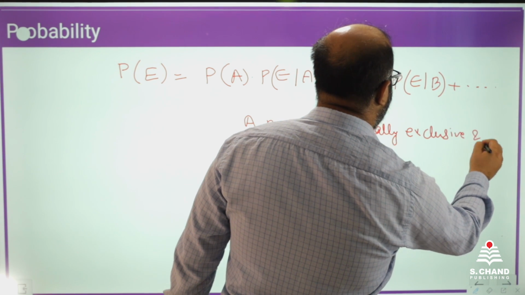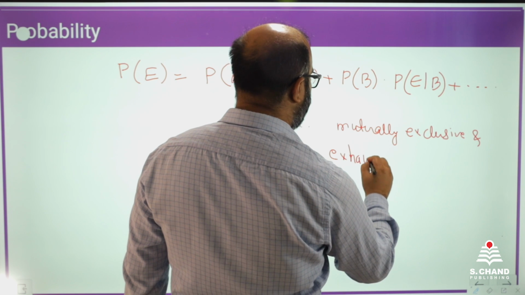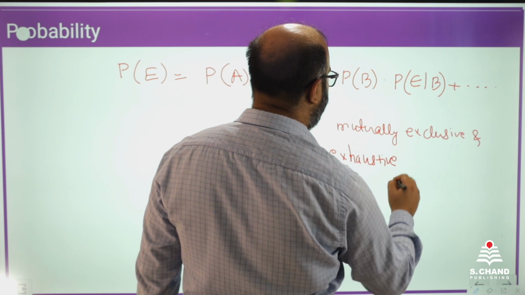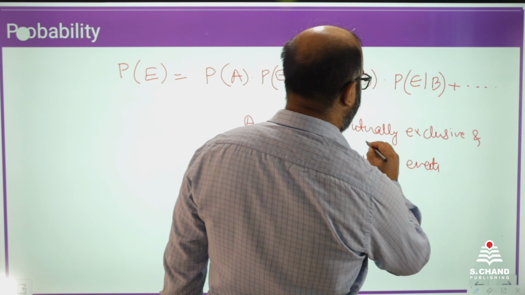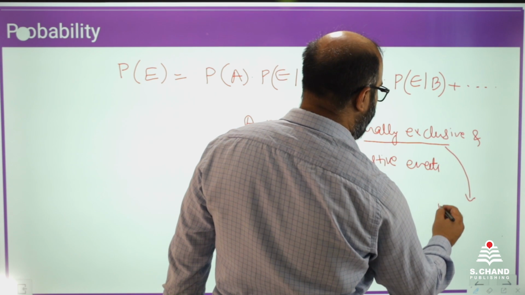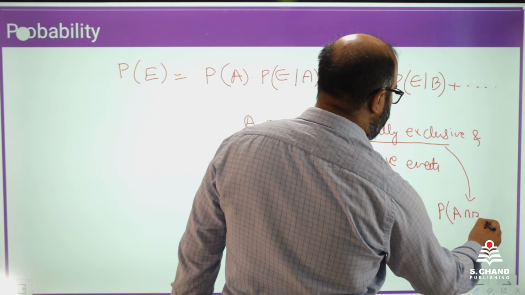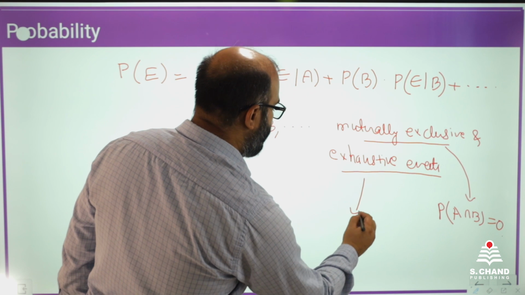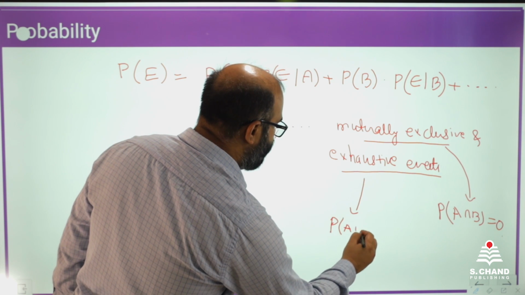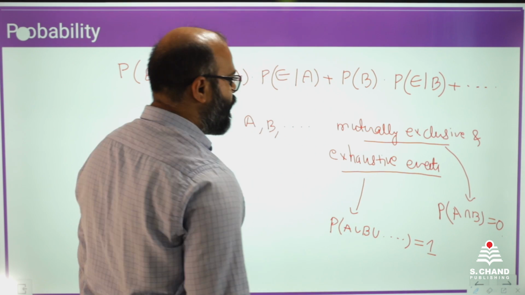So what do we mean by mutually exclusive? Mutually exclusive means that their intersection probability is 0. So if we say that two events are mutually exclusive, it means probability of A intersection B is equal to 0. And what do you mean by exhaustive? It means probability of A union B union and so on is equal to 1.